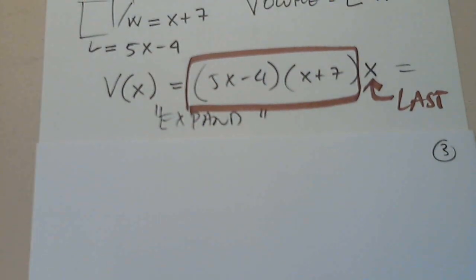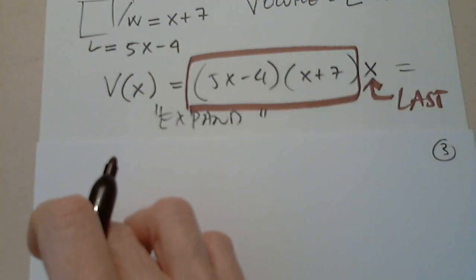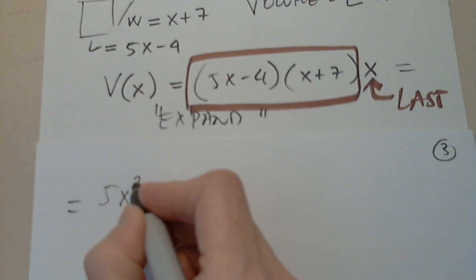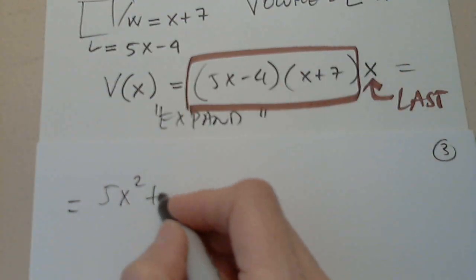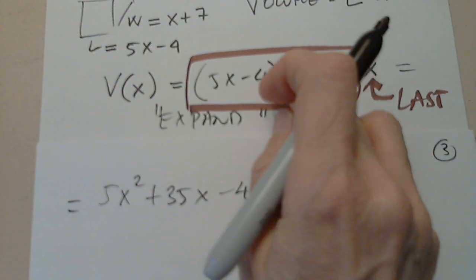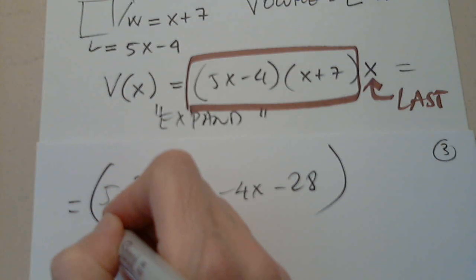To expand binomials. So then the volume, continuing from here, is 5x times x, 5x squared, 5x times 7, 35x, negative 4 times x, negative 4x, negative 4 times 7, negative 28. Put it in parentheses, it's a must.